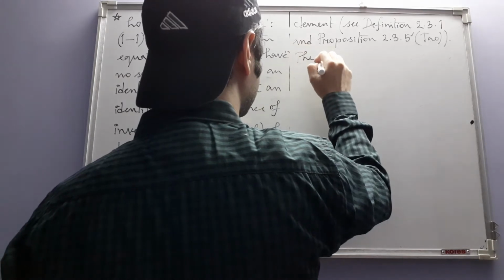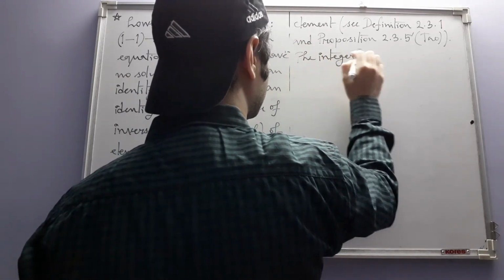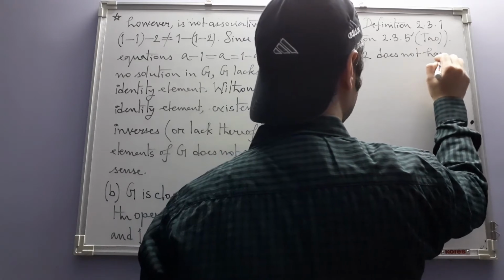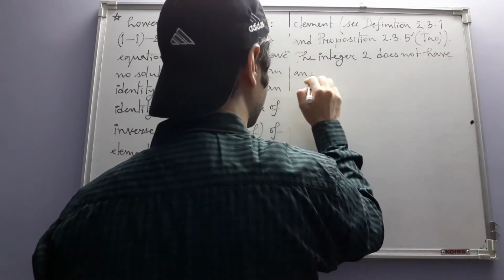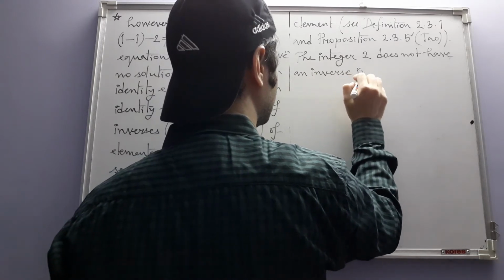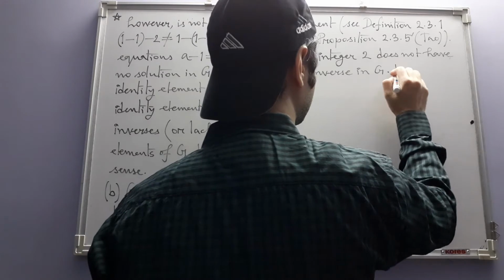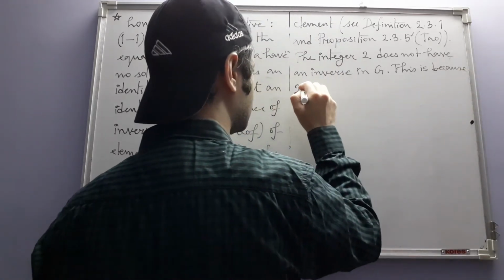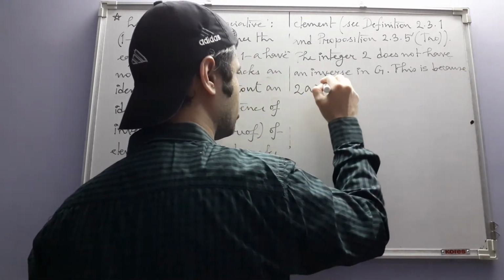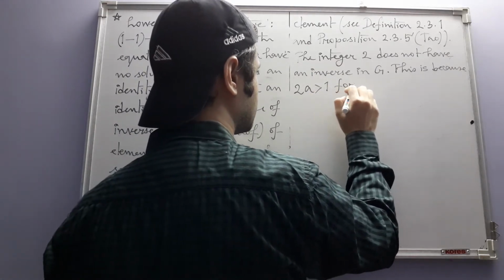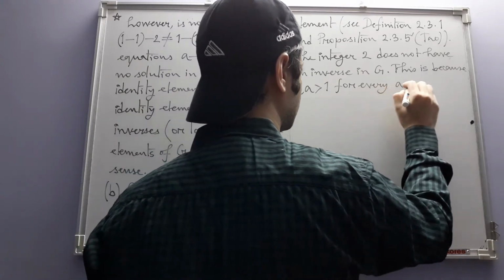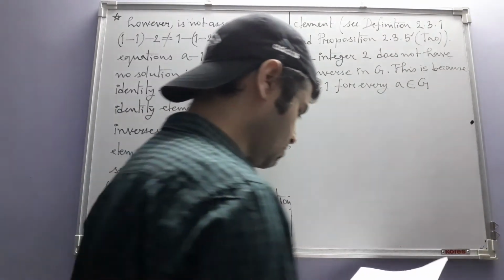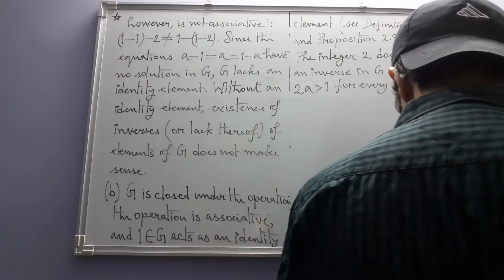The integer two does not have an inverse in G. This is because 2 times A is always greater than 1 for every positive integer, that is for every A in G. It will never be equal to 1, and this also has a proof.